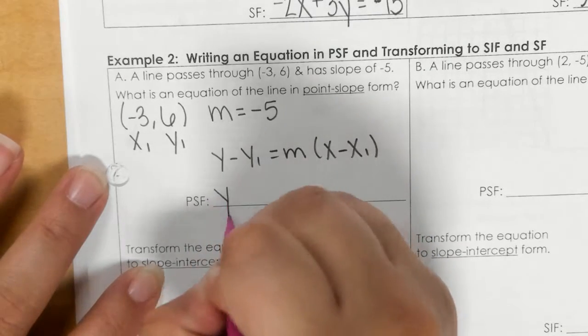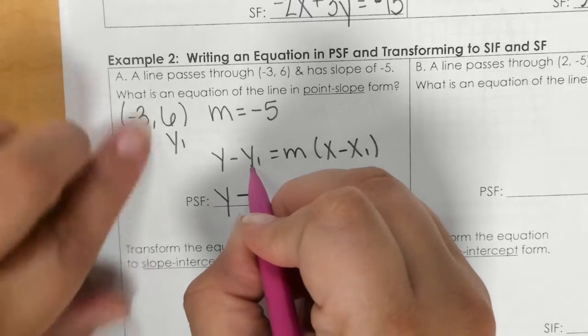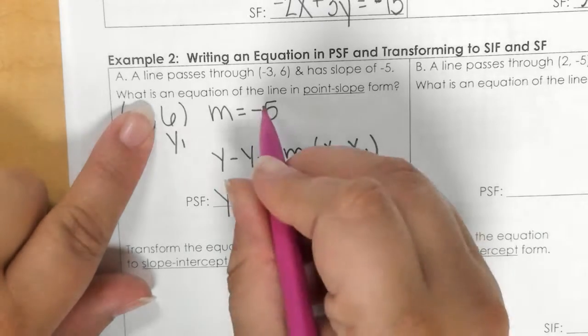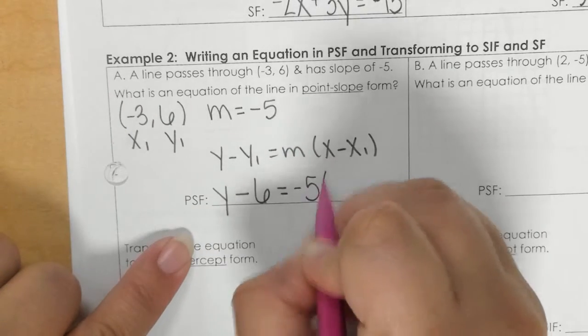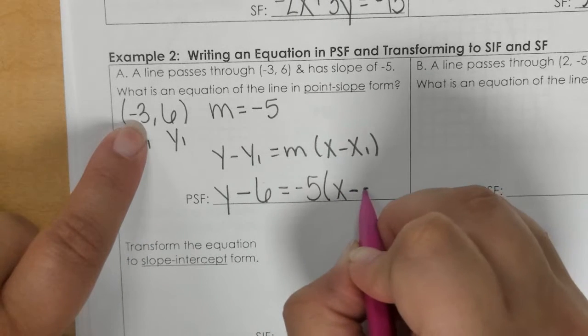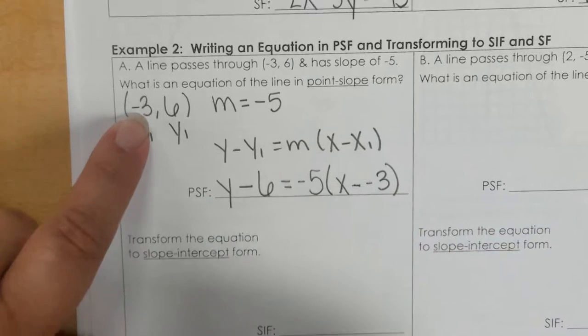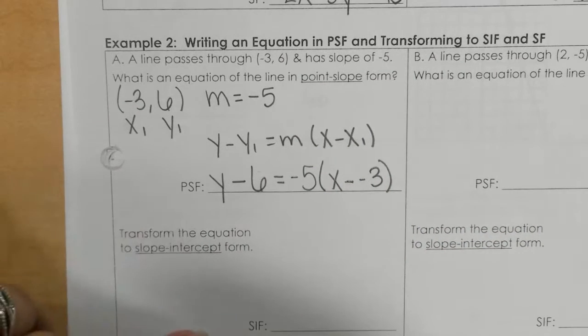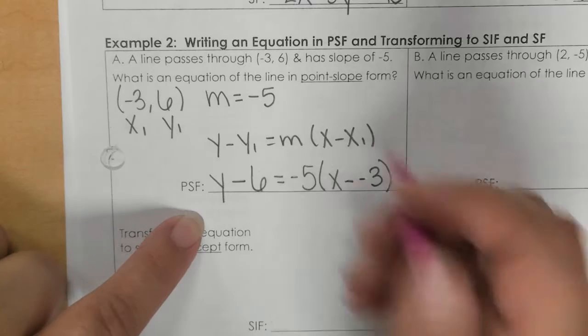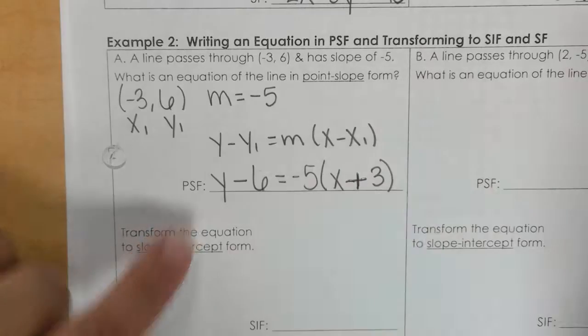So we have y minus, find y1, 6. M is negative 5. X minus x1 is negative 3. Okay? I cannot go on to the next step until I combine those. So a negative and a minus together make plus.